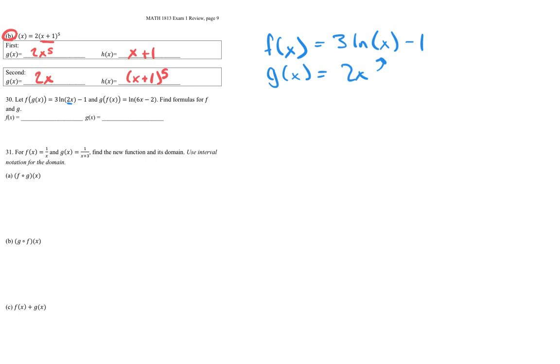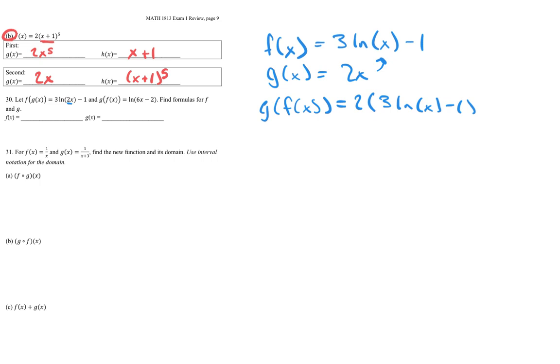Now we would just need to check g of f of x. To do this, we take f of x and put it in wherever we see x in g of x. So g of f of x, for our example here, we just have 2 times f of x, or 3 natural log of (x minus 1).